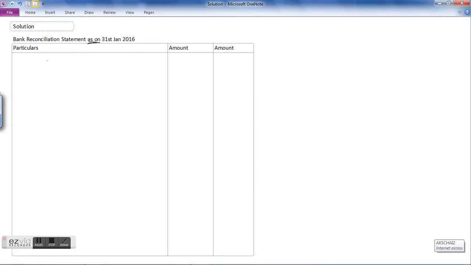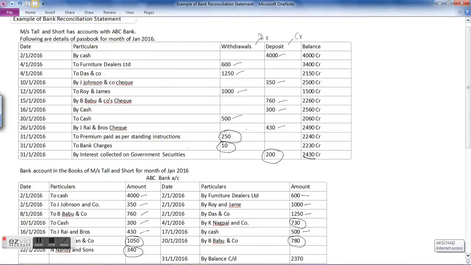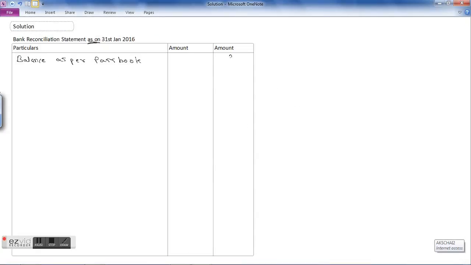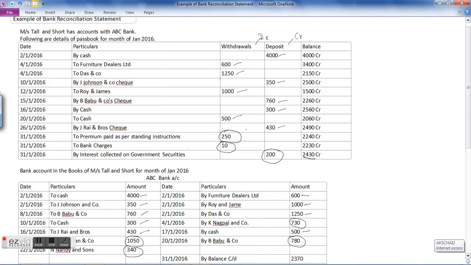So I'll put it as balance as per passbook. What is the amount? 2430. Correct.